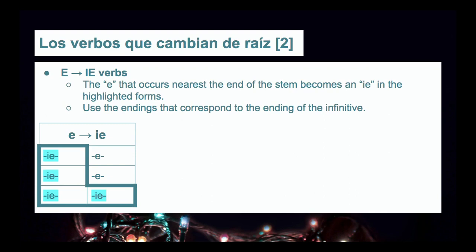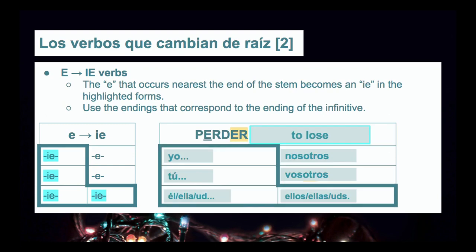Here's a second example of an E to IE stem changing verb. Perder means to lose, and it will use regular ER endings in the present tense conjugation. Take a moment, pause the video, and try conjugating this one on your own.